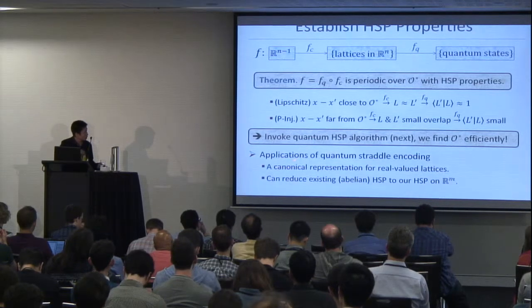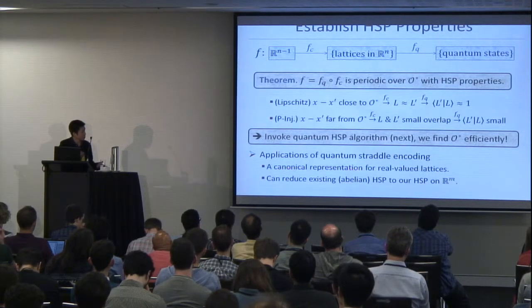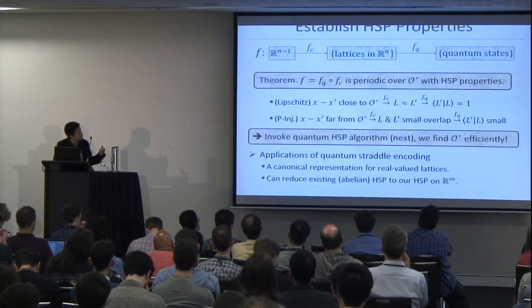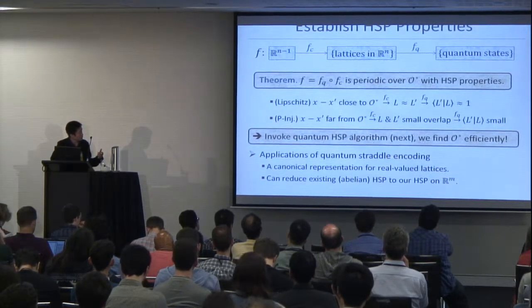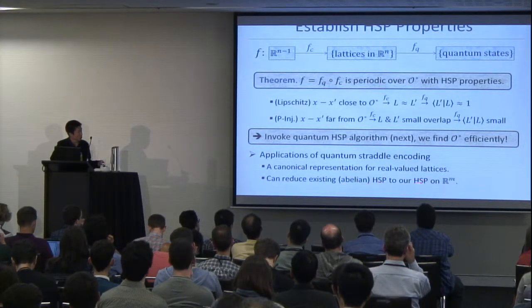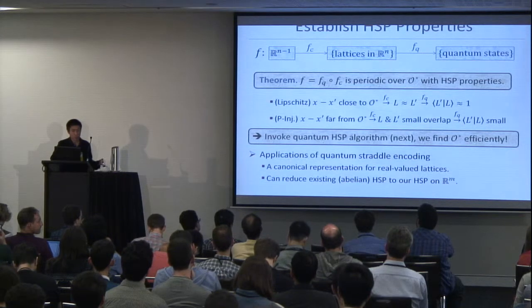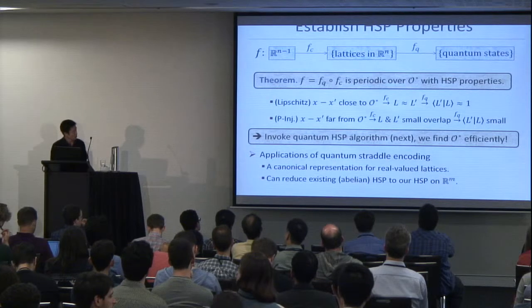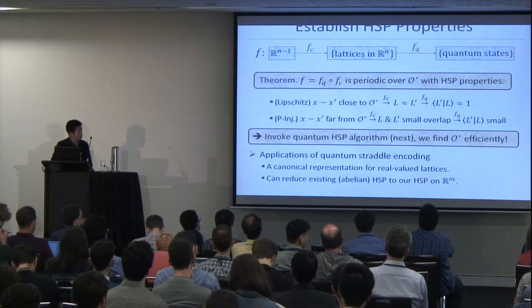We've seen that FQ gives us a canonical representation for real-valued lattices. And actually, you can also use the Strano encoding to reduce all existing abelian HSP to our HSP on R^m, so they can be solved under a unified framework. So I expect more applications of the quantum Strano encoding.